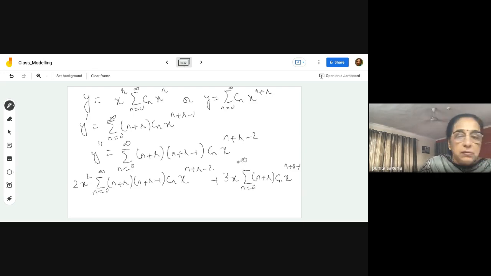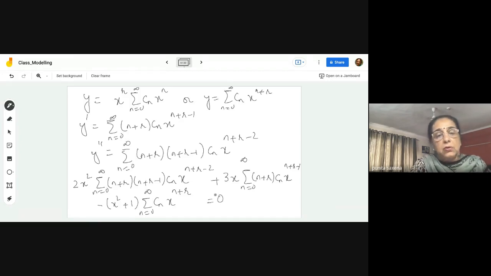And what was the last term? Minus x squared plus 1 times y, so it's going to be summation cn x to the power n plus r, n from 0 to infinity, equal to 0.